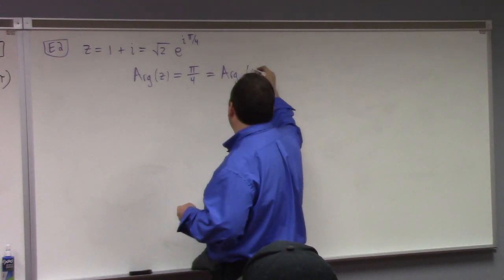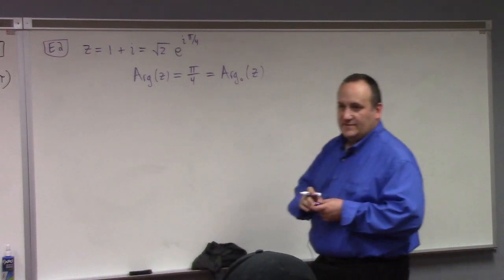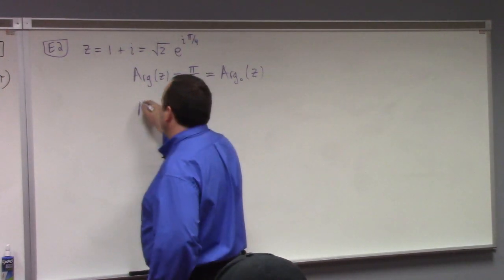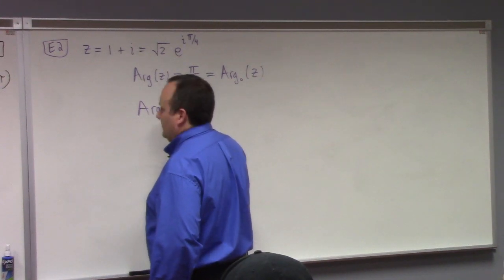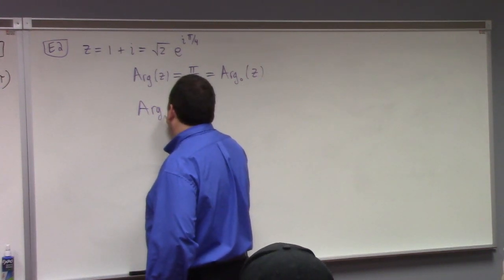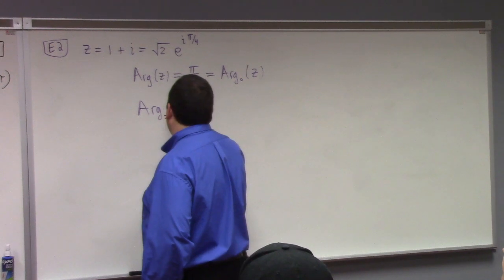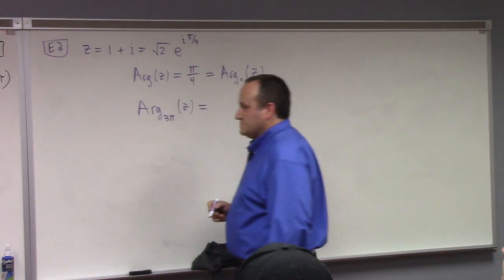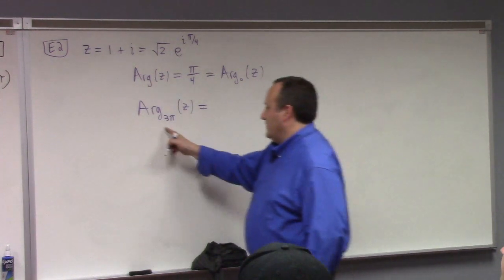And so pi over 4. This would also be equal to your choice of angle, right? In this case. What if I did like arg, oh, I don't know, 3 pi of z? What would that be equal to? Where does this have to be?